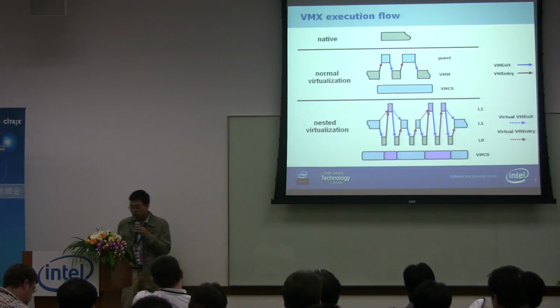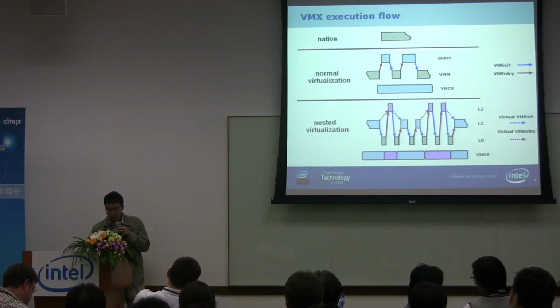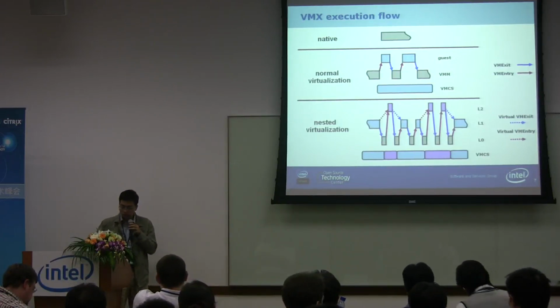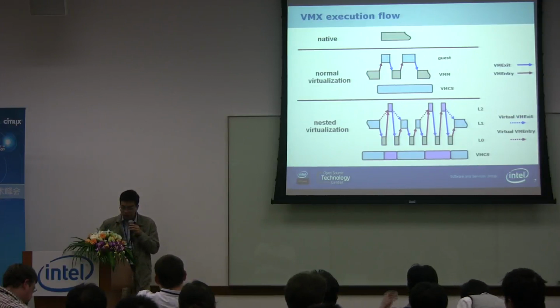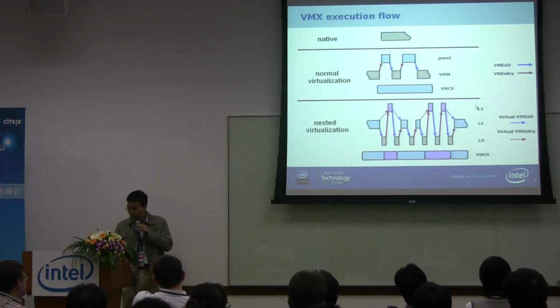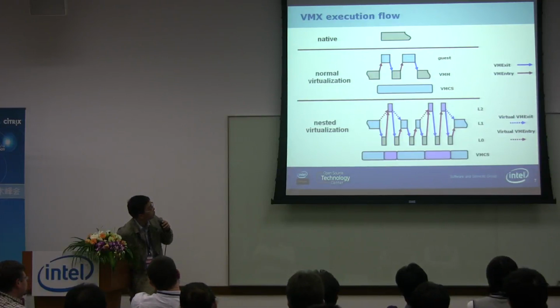If it decides to forward it to level 1, it also changes the control to the VMCS of the nested VMM and does a VM entry. And this realizes a virtual VM exit, as this figure shows.